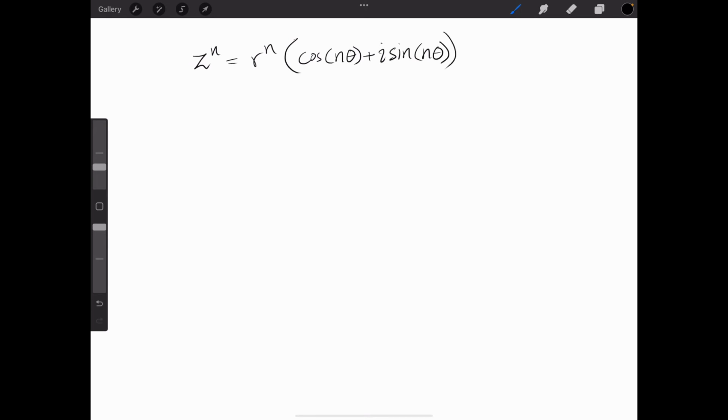Pretty simple, isn't it? Let's say you have the exponent of 3, so z cubed is equal to r cubed times, I'm just going to write cis this time because it's simpler, cis of 3 theta. And this makes it a lot simpler to find the exponents of a complex number.